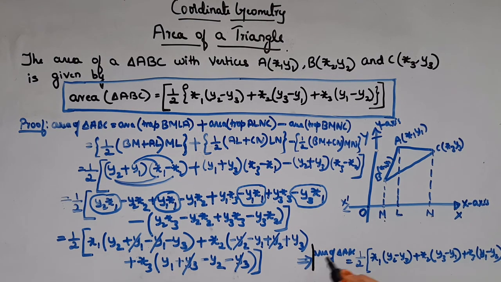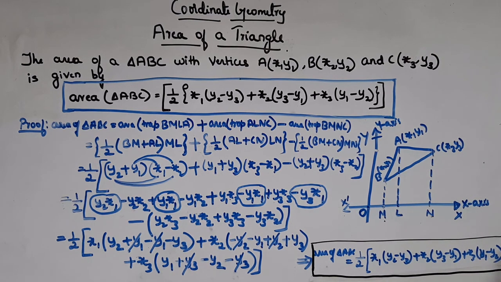Therefore, the area of the triangle ABC is given by half into X1 into Y2 minus Y3 plus X2 into Y3 minus Y1 plus X3 into Y1 minus Y2.